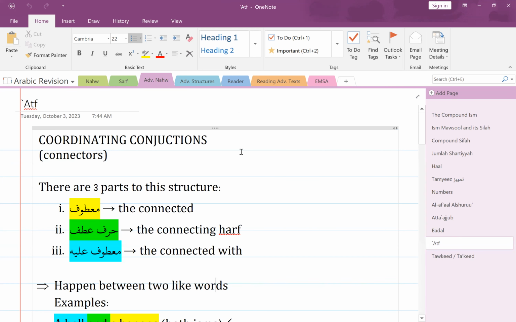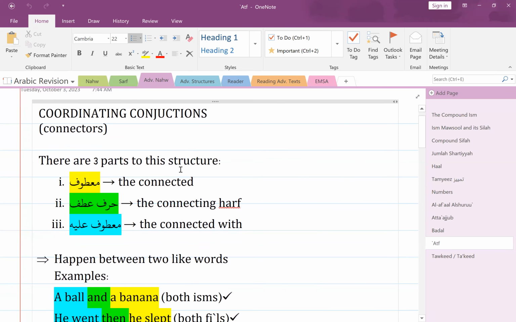Okay. So this is what we have. Huruf ataf, connectors. That's what I'm calling it, or conjunctions. You can call it that as well, grammatically. There are three parts to this structure. There's the ma'tuf alayh, the thing connected with, which is the first part. Then you have the harf ataf that comes in between.